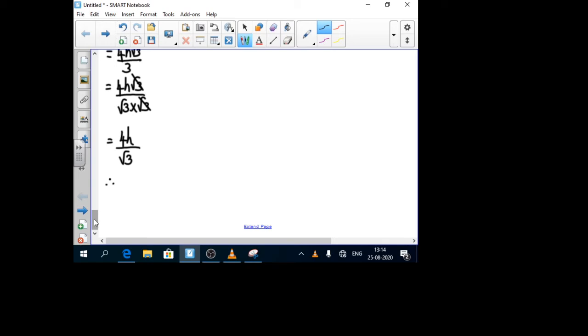Therefore, distance between the two ships equal to 4H by root 3 meters. This is what we have to prove.